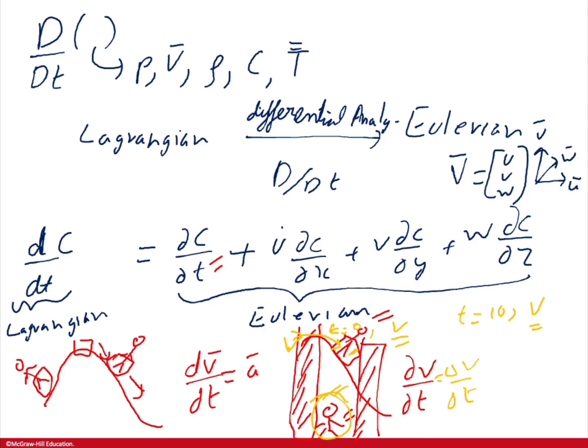The velocity at this position for different carts of the roller coaster will be the same at different times. So for this observer outside, there is no change in velocity with respect to time, and this quantity is going to be 0.